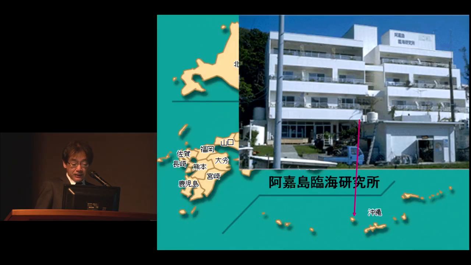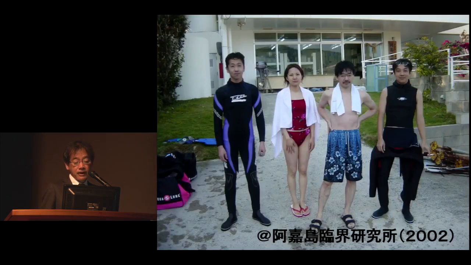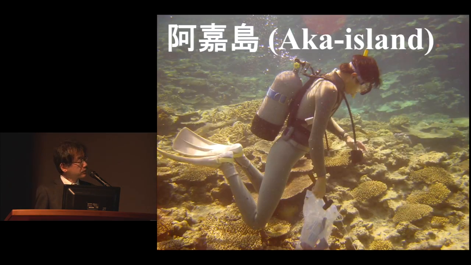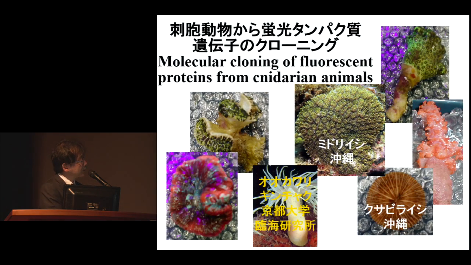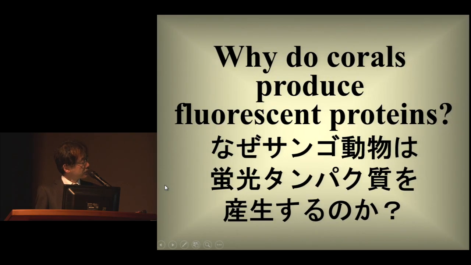And since 1999, we occasionally went to Okinawa island. These small islands do not suffer from coral bleaching yet. So we dived into the water and collected these cnidarian animals. And from those animals, we have cloned many new fluorescent proteins.